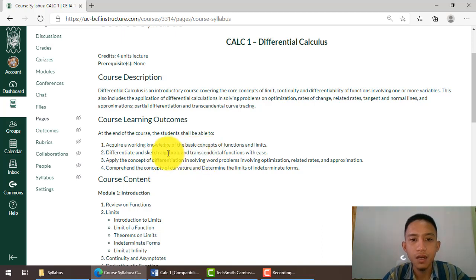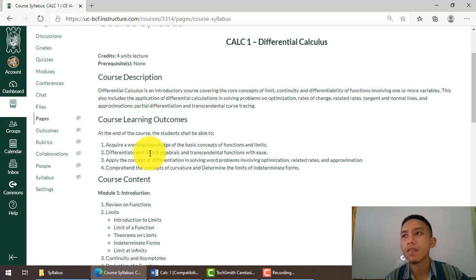If you say algebraic, that is purely equations of algebra. Transcendental includes your logarithmic, exponential, and trigonometric functions and other types of functions. You are going to sketch those using calculus. Before, in your analytic geometry, you were already introduced to how to draw. If you say sketch, you are going to draw your equations.